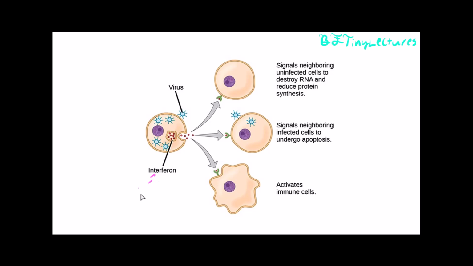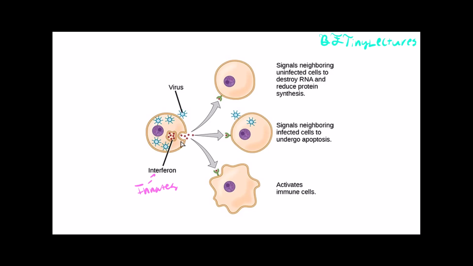So these interferons are going to interfere with the pathogen's ability to harm the body. So let's say that this cell is infected with a virus, and this cell is now making viral proteins. The cell realizes, hey, I'm infected, I'm making something bad, I don't want to do that. So I'm going to send my neighbors a warning.